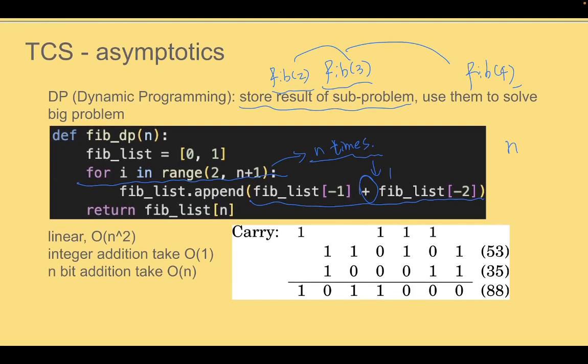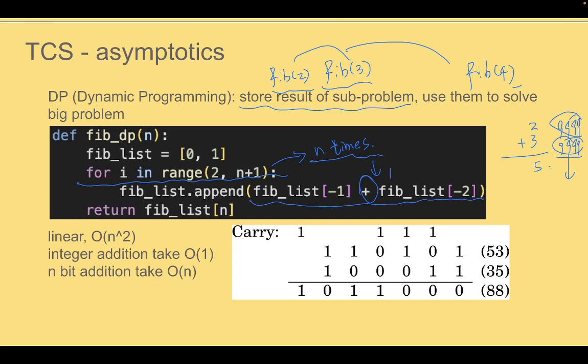So it's very obvious that 2 plus 3 equals 5 is a small addition, but these are two very large numbers in the Fibonacci sequence, and their addition is certainly going to take longer than this one, right?